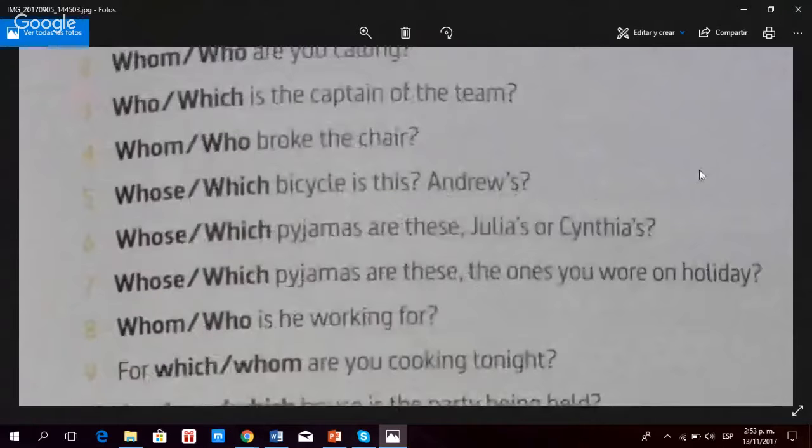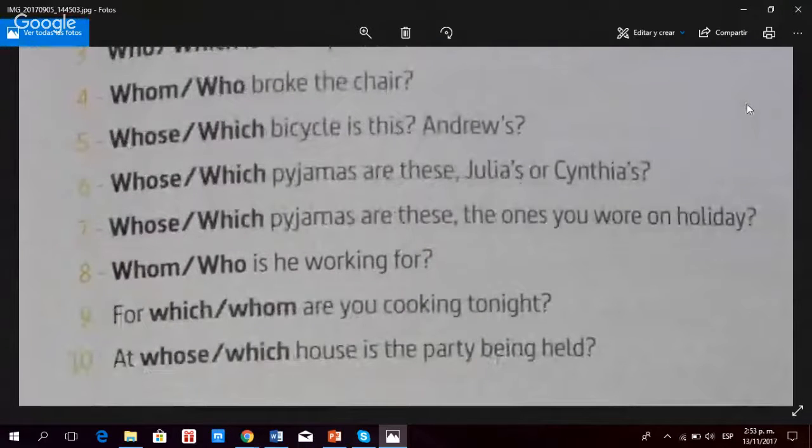Whose bicycle is this? Andrew's. Whose. Right. Whose pajamas?